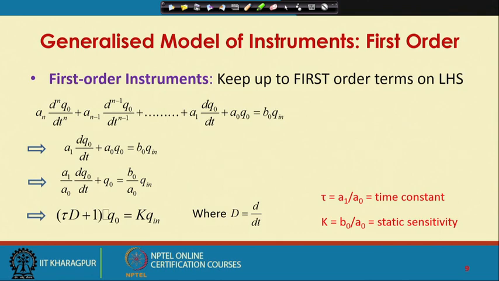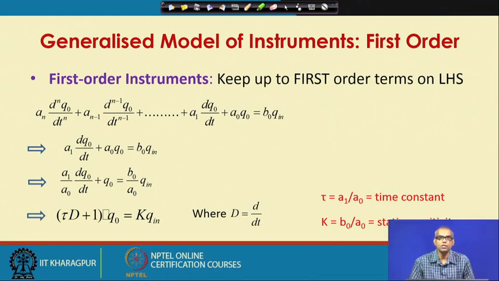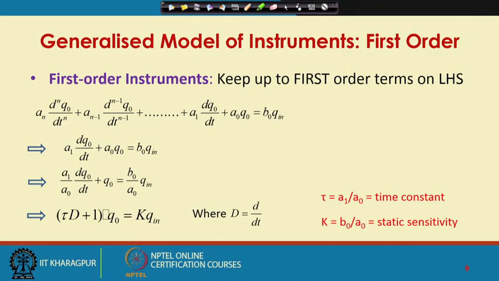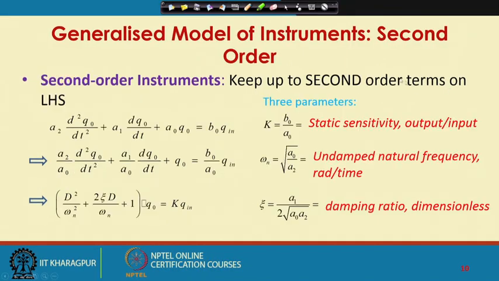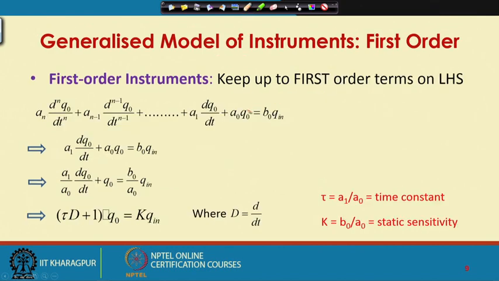For a first order instrument, let us extend the same idea. A first order instrument will be represented by a first order differential equation. So, we will keep only up to first order terms on the left hand side. This is the general equation, and if I keep only first order terms, I will retain only this.